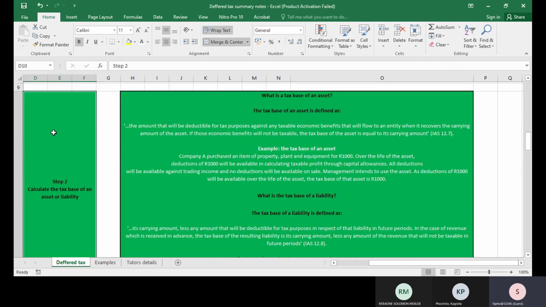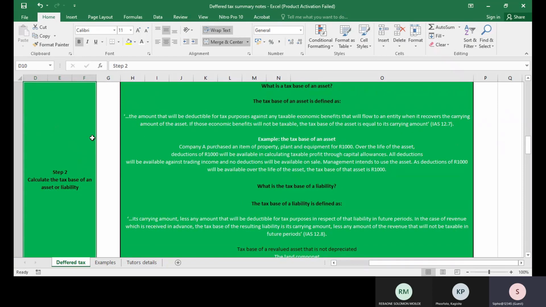The second step that you need to take into account is the tax base. The tax base is actually a tax term, it's not an accounting term. A tax base, basically they classify it as far as assets are concerned, and then also as far as liabilities are concerned.